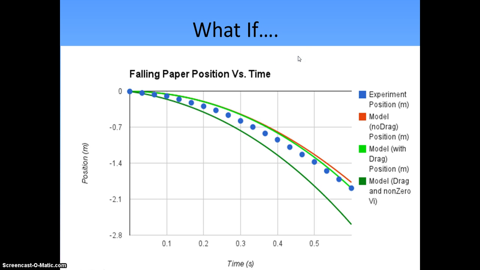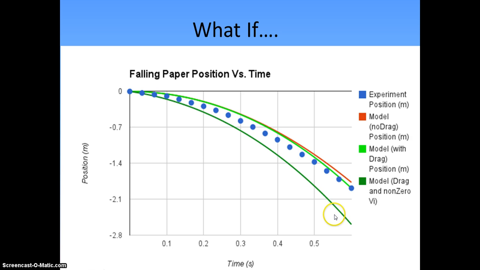Here we have a graph of all of our different models: our experiment's position, without drag, with drag, and then right here this dark green line, our model that has drag and a non-zero initial velocity.